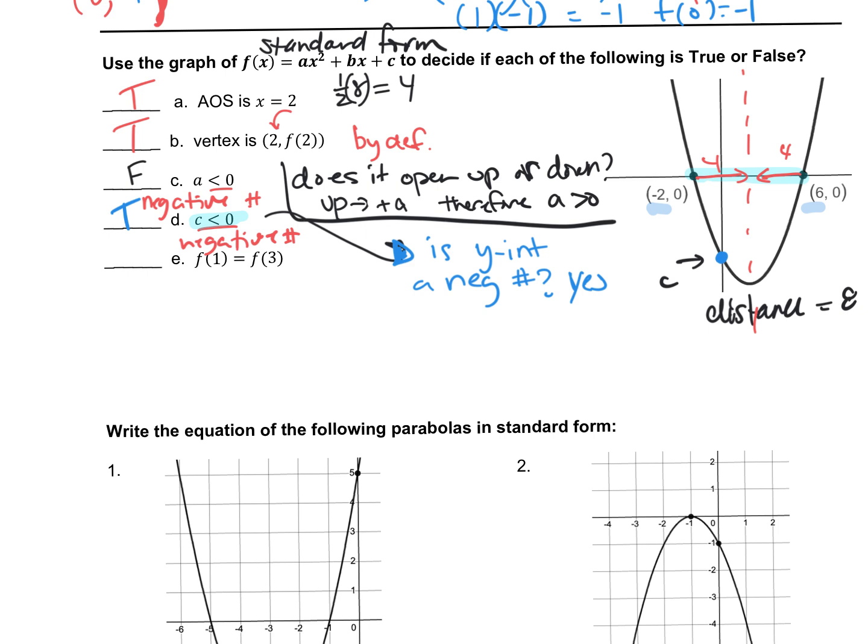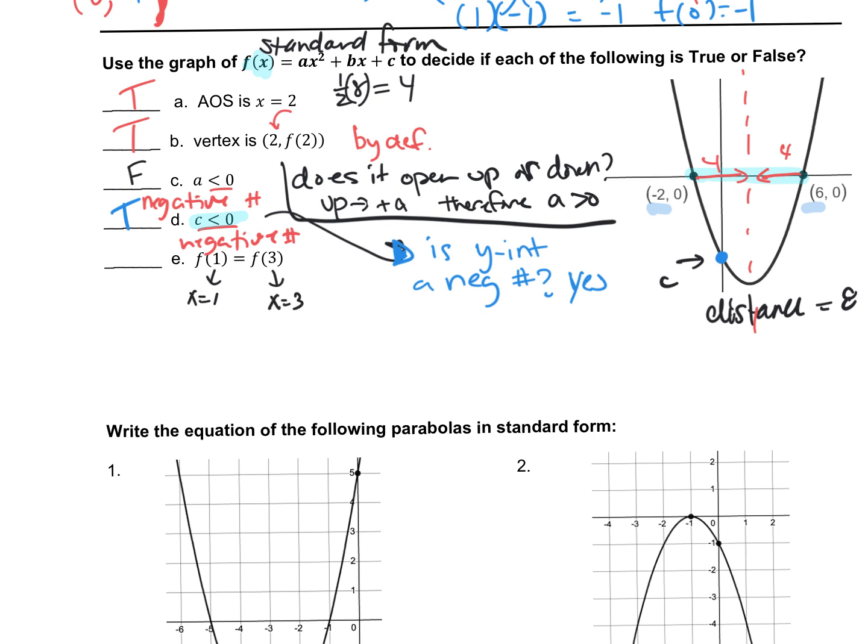Okay, letter E. All right, let's look at what we have. We have f of 1 equals f of 3. Remember, even if you look up here at this f of x, what's inside that parentheses is x. So it's stating that f of 1 equals f of 3. Well, that means that this is x equals 1, and this is x equals 3.